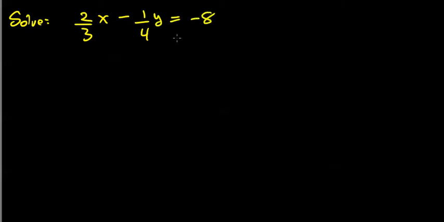Now, some of these get a little nastier, as you might expect. Solve 2/3 x minus 1/4 y equals minus 8, and 1/2 x minus 3/8 y equals minus 9.